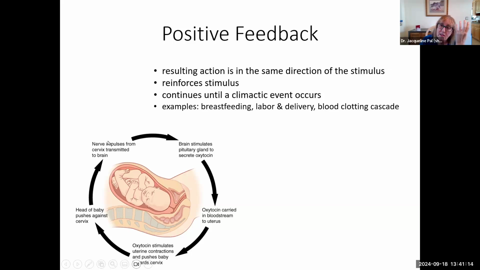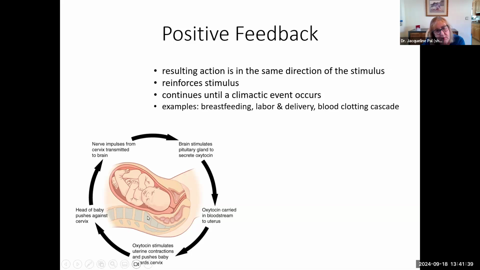And oxytocin is made and travels in the mom's bloodstream and goes down to the uterus of the mom. And oxytocin causes the smooth muscle of the mom's uterus to contract. And when the mom's uterus contracts, it pushes the baby downward, which pushes the baby's head against the cervix.